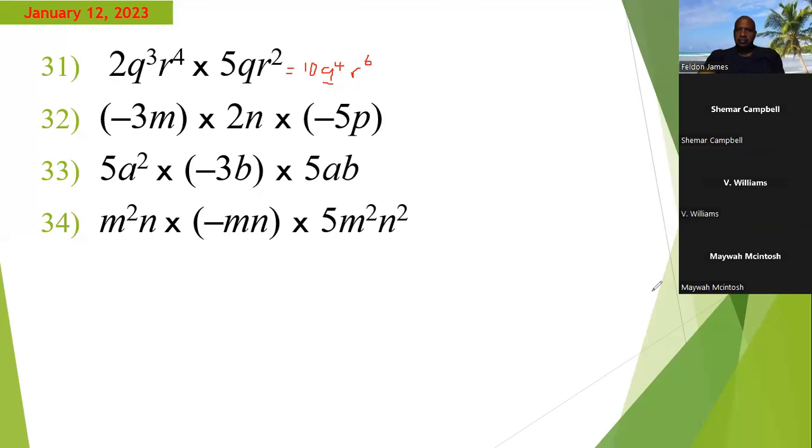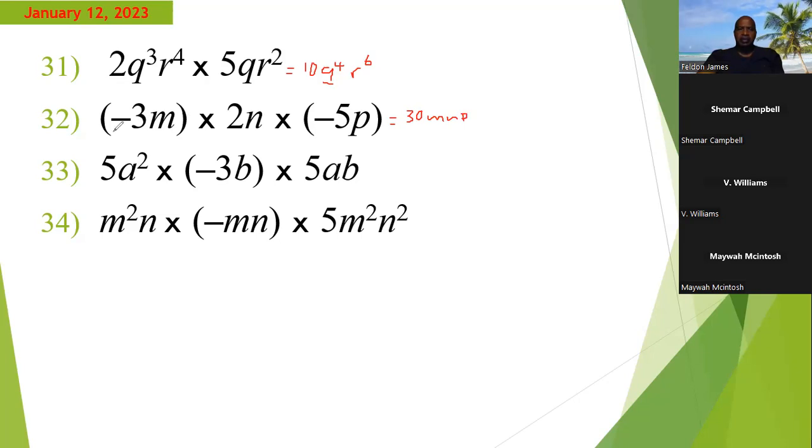Sir, I got positive 30 mnp. All right. And it will be positive. Why would it be positive, Mr. Shamar? Because negative times positive gives you negative, and then negative times negative gives positive. Or I can just say 2 negatives. Okay.